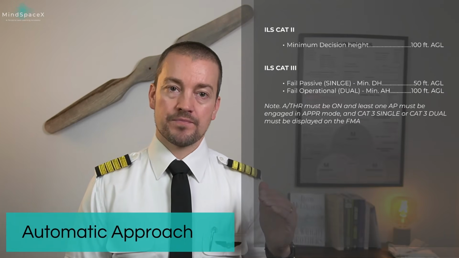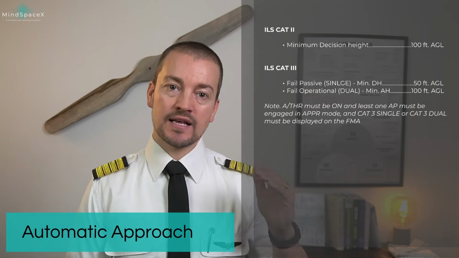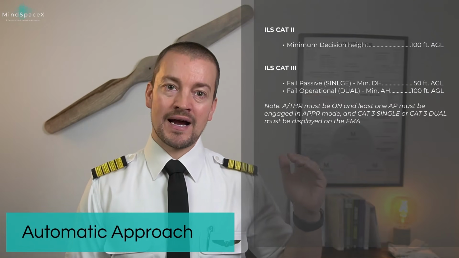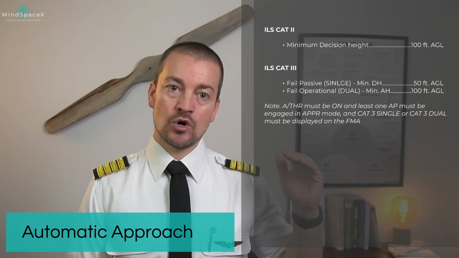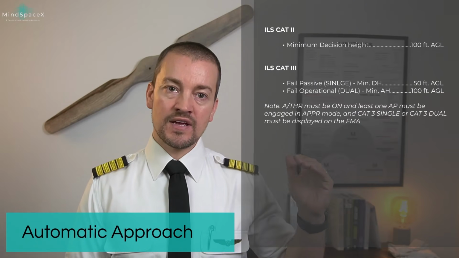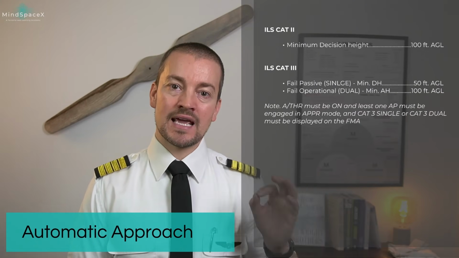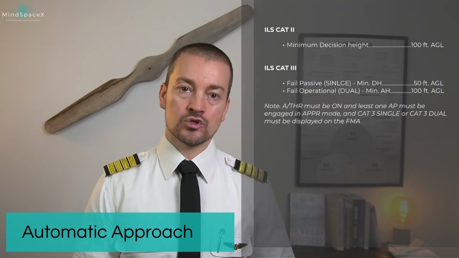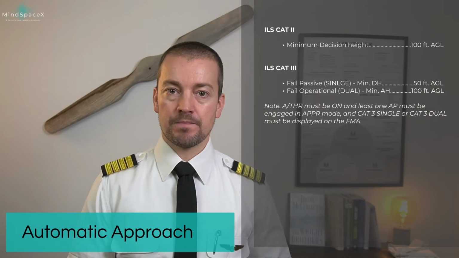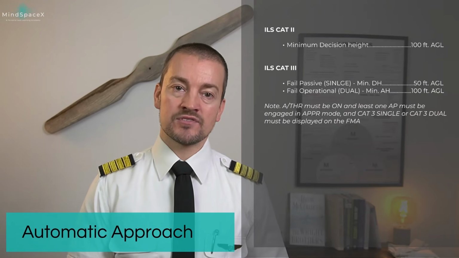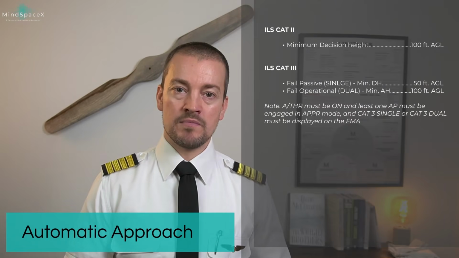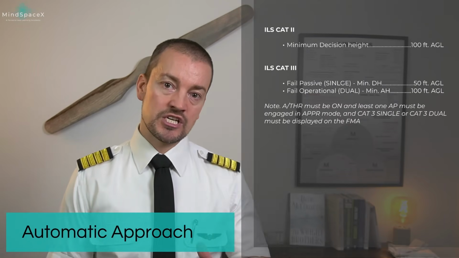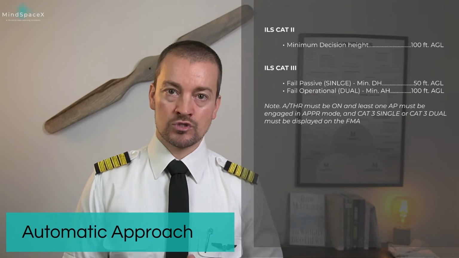Below the alert height, pilots are to disregard any failures other than the ones that are triggered by the autoland warning light. Failures that directly impact the capability of the aircraft to land itself will trigger through this autoland warning light. And if this is the case, the pilots will have to take manual control immediately. But for any other failures, the aircraft is capable of continuing and carrying out the autoland.